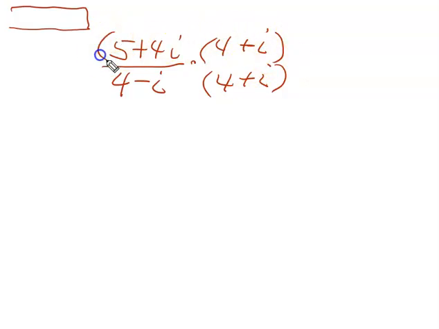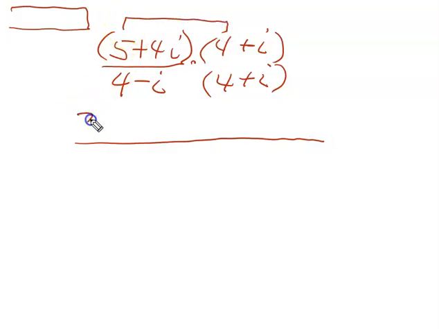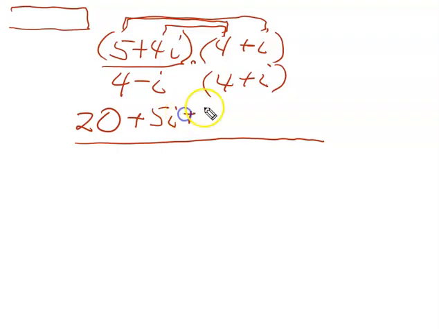So now we're going to FOIL the top. And I'll show you the lines. This is a 20. Now my firsts, now my outers. This is a positive 5i. My inners, a positive 16i.